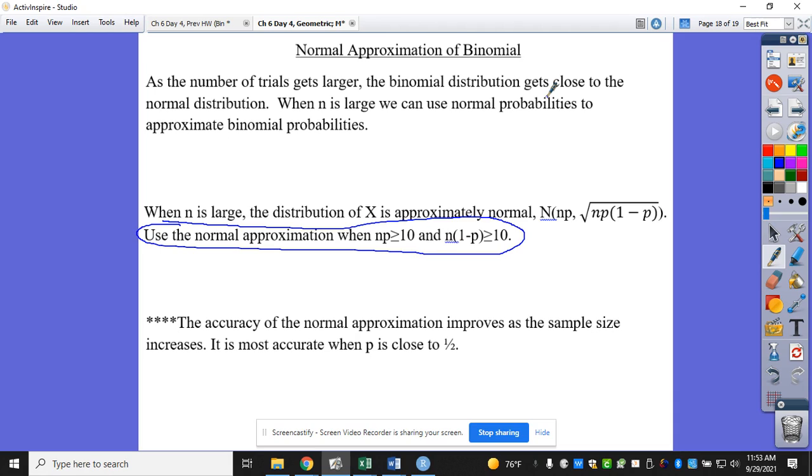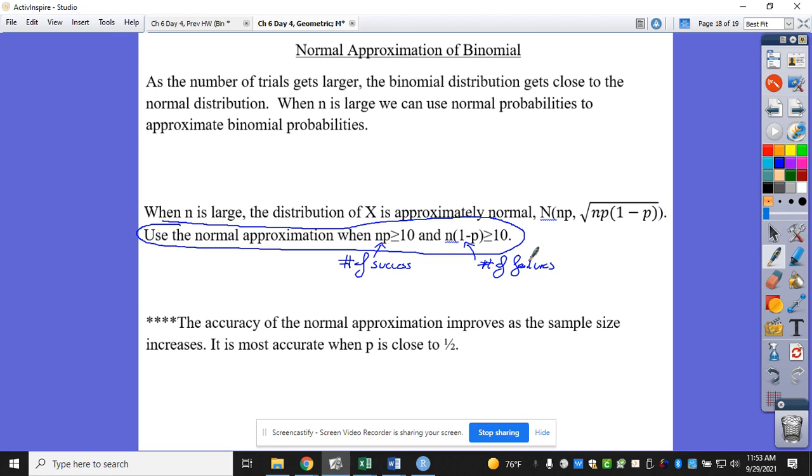My 3 is my number of successes. This would give me my number of failures. Expected. So if my number of successes is at least 10 and my number of failures is at least 10, then I could use a normal approximation.